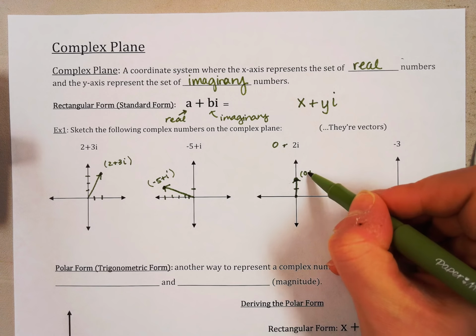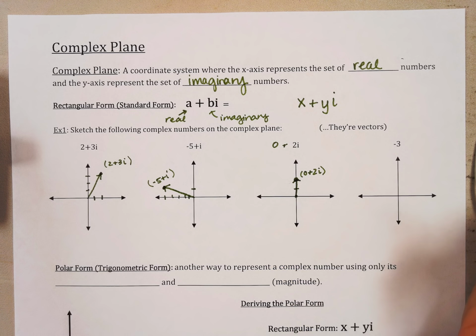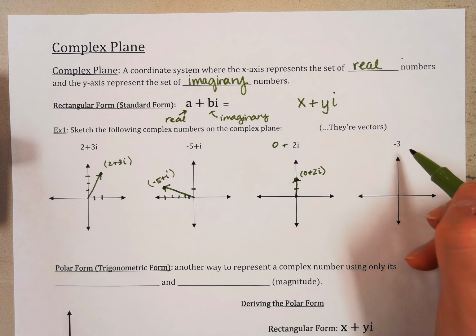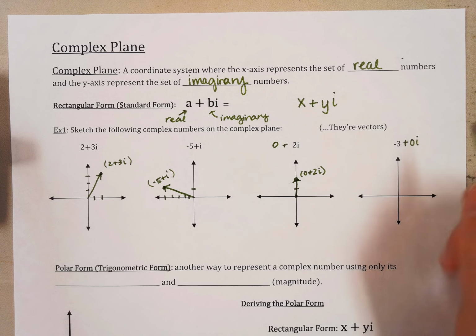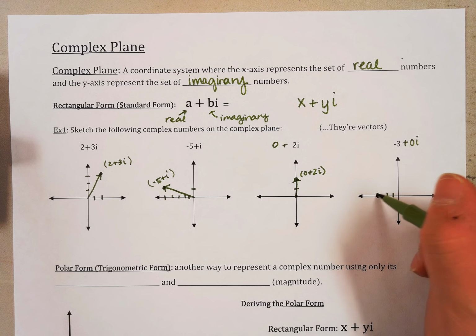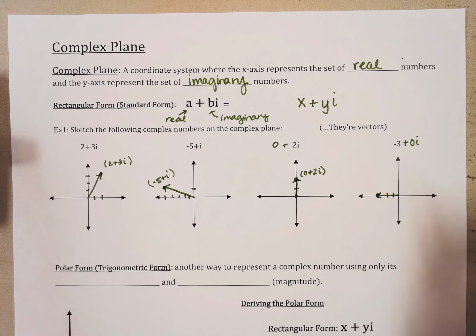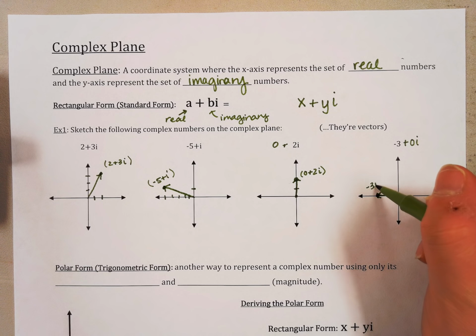So 0 plus 2i is this complex number, straight up. And then this one, -3 on the x-axis, but we don't have any imaginary component, so it would be 0i. So we're at -3 on the x-axis, but we're not going up and down in the y direction at all. This is our plotted point and our vector coming from the origin. So this would be -3 plus 0i.